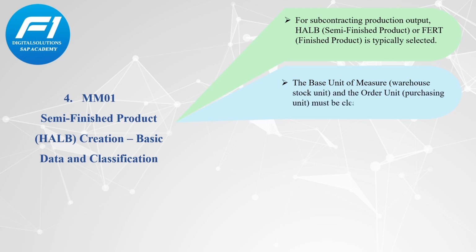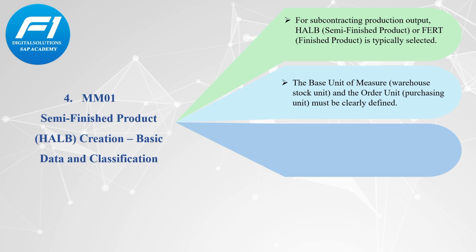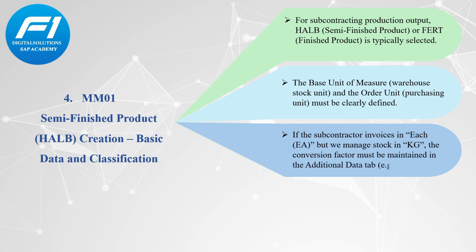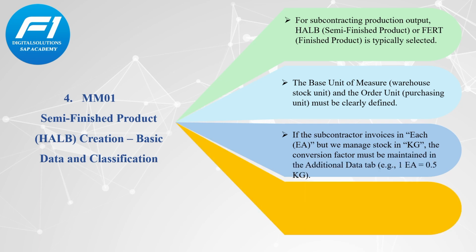We need a base unit for our warehouse stock, and we need an order unit for purchasing. Sometimes units are different. The vendor may use each, but we use kilograms. If so, we must enter a conversion factor in the additional data tab. For example, 1 each equals half kilograms.